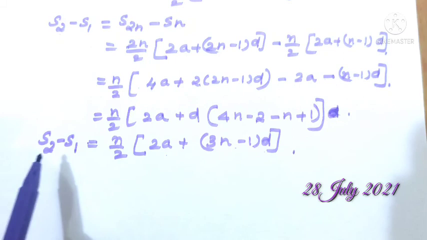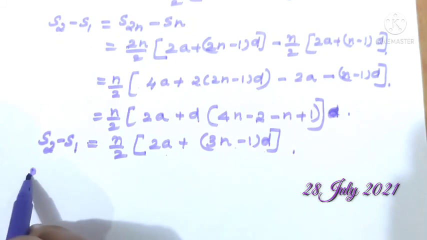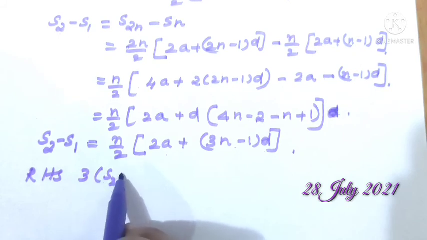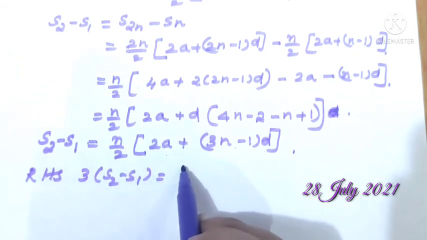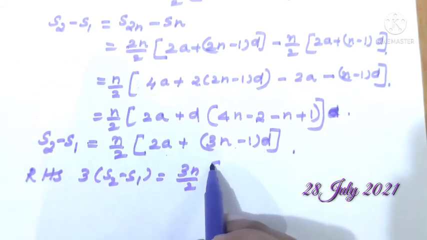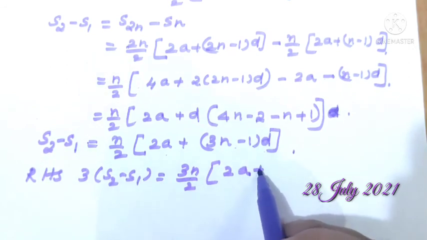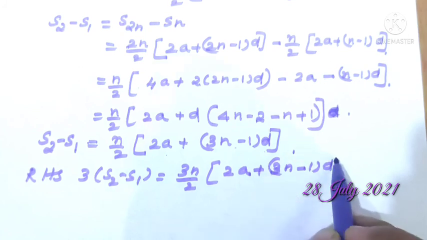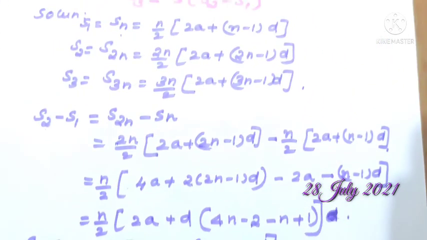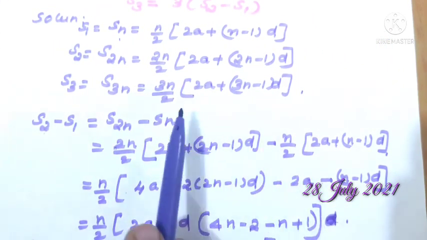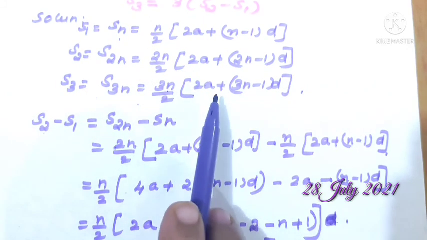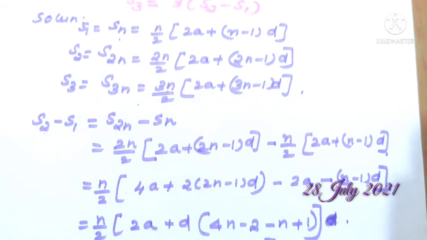Now the question is, we have to prove the RHS, that means 3 into S2 minus S1, right? So it is 3n by 2 bracket 2a plus 3n minus 1 into d. Already we have written the terms. See, S3n equal to 3n by 2 into 2a plus 3n minus 1 into d.